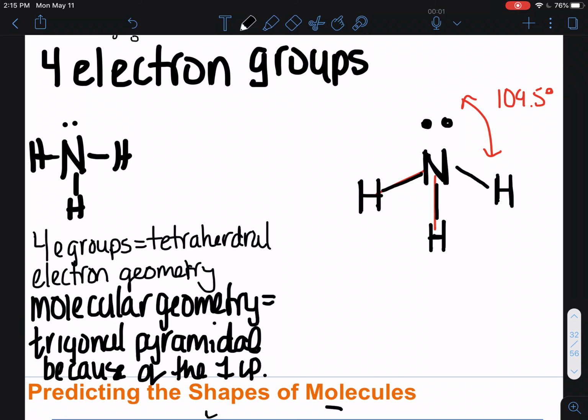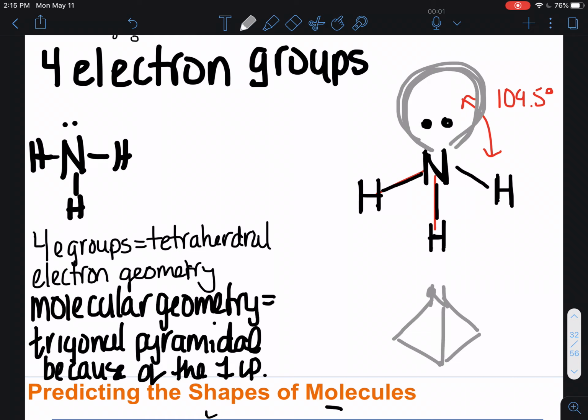Okay, so in real life, nitrogen's in the center, right, and we have this kind of triangular shape, right? And because lone pairs repel the most, they're going to push these bond angles down, squeeze these bond angles, right?